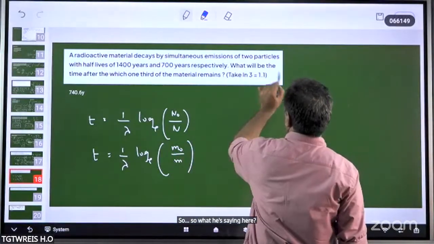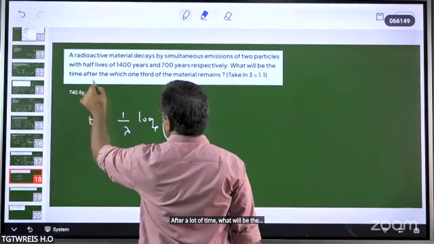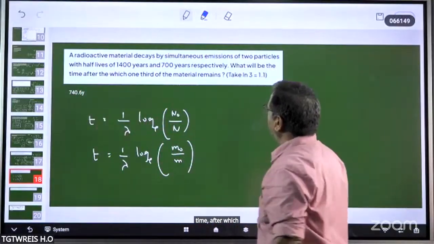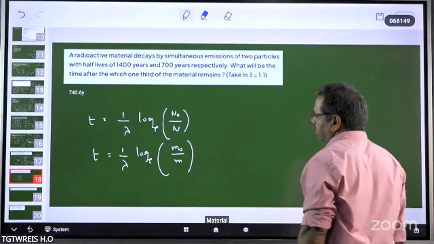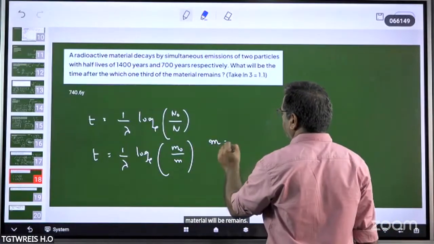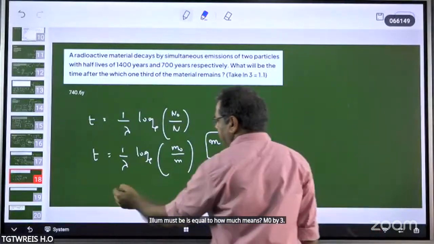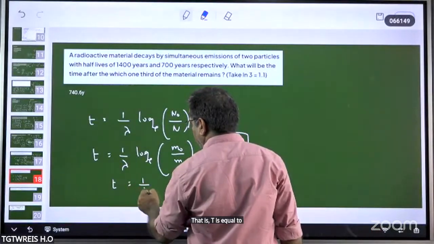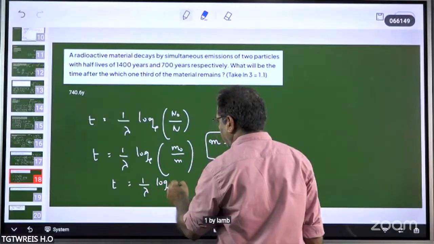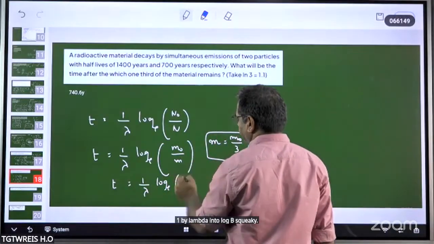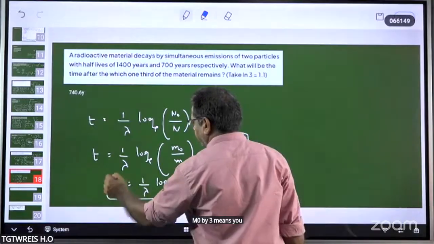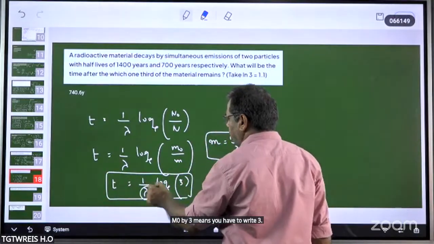After what time will 1/3 of the material remain? M must be equal to M naught by 3. That is, T is equal to 1 by lambda into log base e of 3. Next, what do we have to find out?